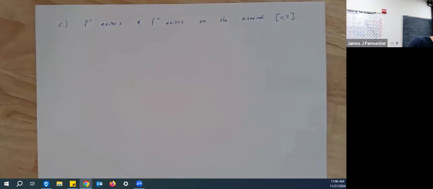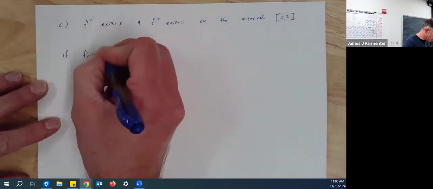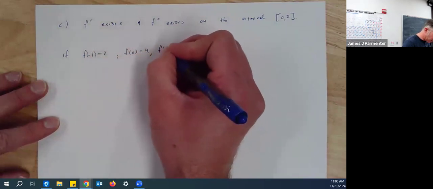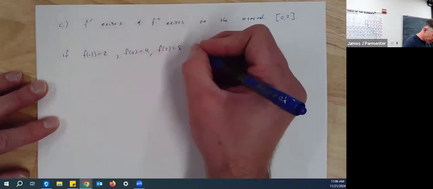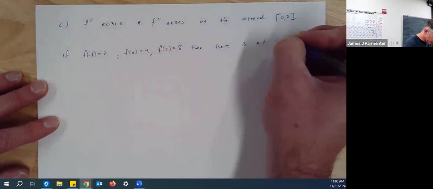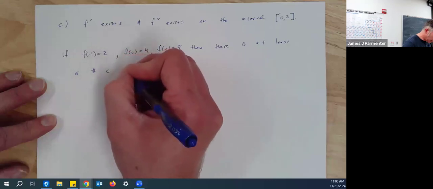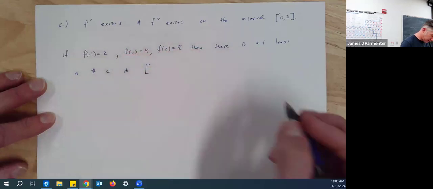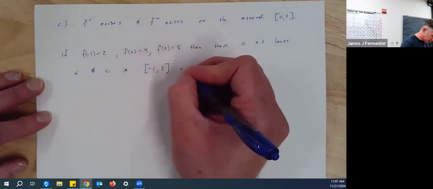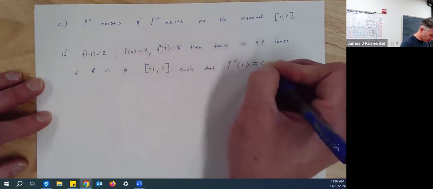Great. Show that if f of -1 equals 2, and f of 0 equals 4, and f of 2 equals 8, then there is at least a number c in the interval from, I'm assuming he meant to write that as -1 to 2, such that the second derivative of c is equal to 0.